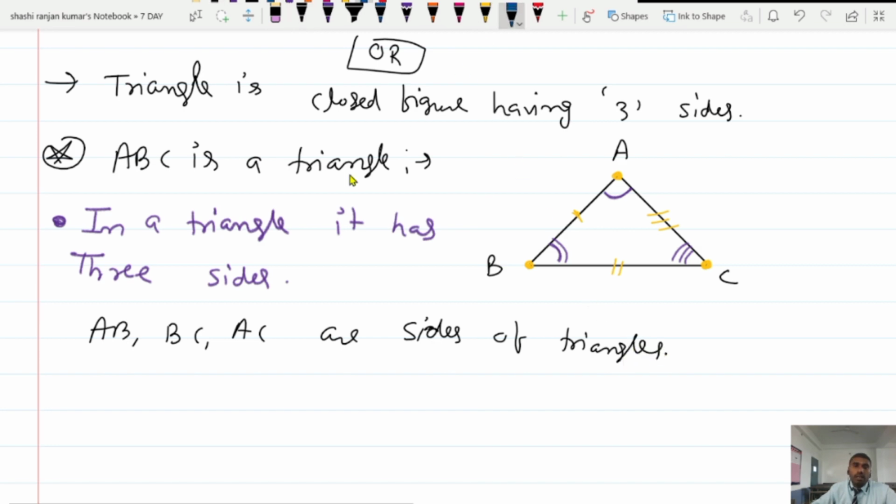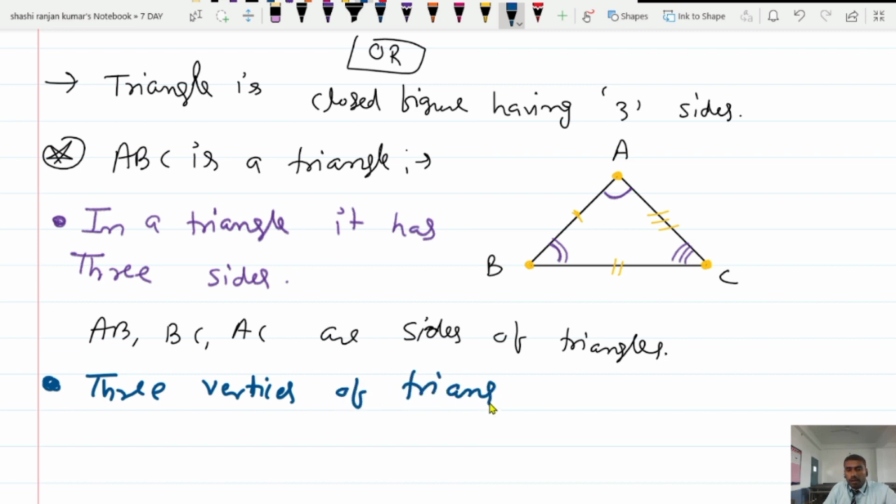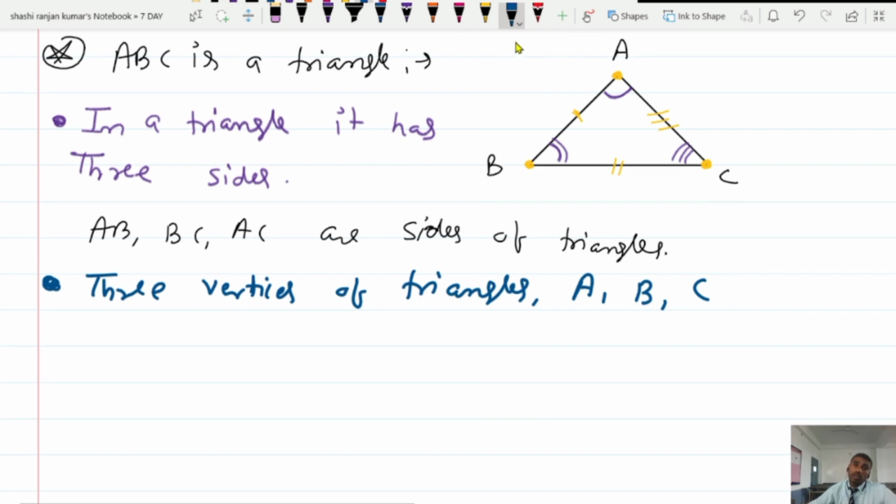Similarly, we have three vertices in total. The three vertices of a triangle are point A, vertex B and C. And also we have the three angles of a triangle. In a triangle, it has three internal angles.